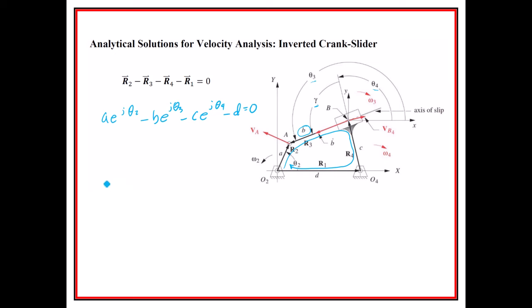So if we substitute in Euler's identity, I'll write it down so I can get it all on one line. I'm going to take the derivative of it first.